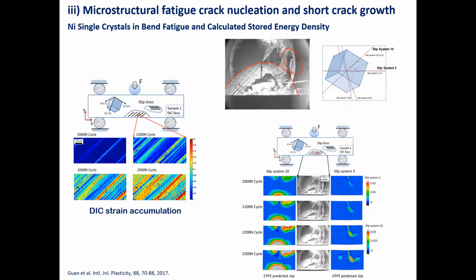Okay, I'm now going to briefly introduce some work on single crystals where we were interested in fatigue. 3-point bend shown on the left, where we've got a single crystal of nickel, very particular and quantified crystallographic orientation, and we're subjected to loading with digital image correlation.